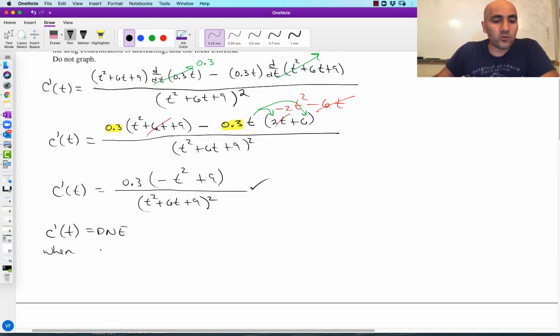That'll be cases when t squared plus 6t plus 9 equals 0. If we factor this, we see that this is going to be t plus 3 squared equals 0. So this would be a case for t equals negative 3. Okay, that's going to be a partition point.